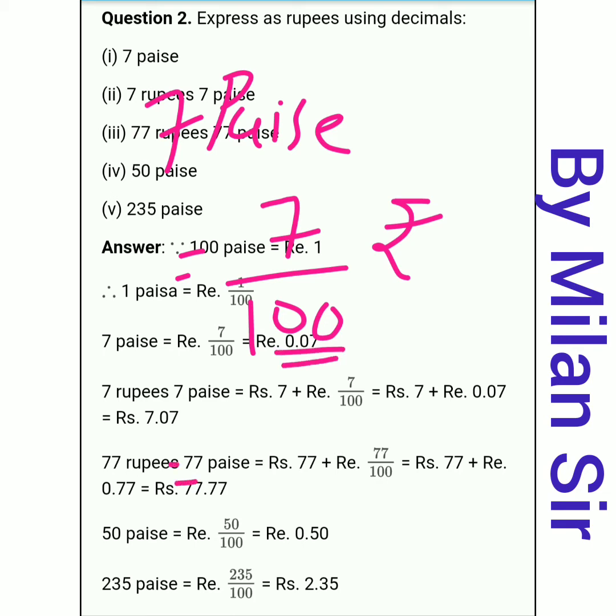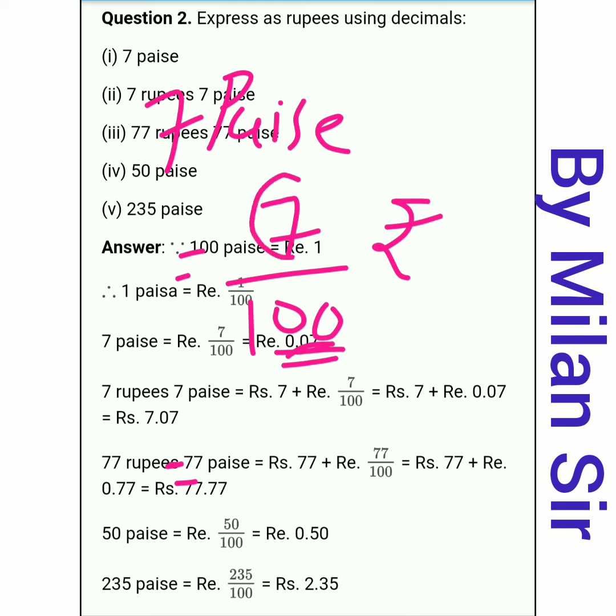Now here in the denominator we have two zeros, so in the numerator we need to put the decimal point before 2 digits.